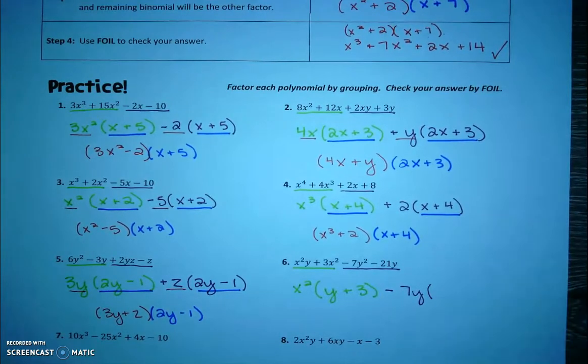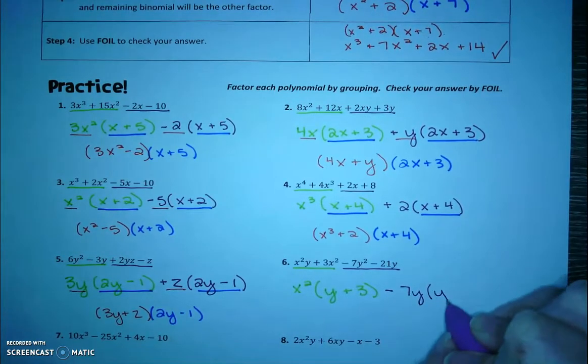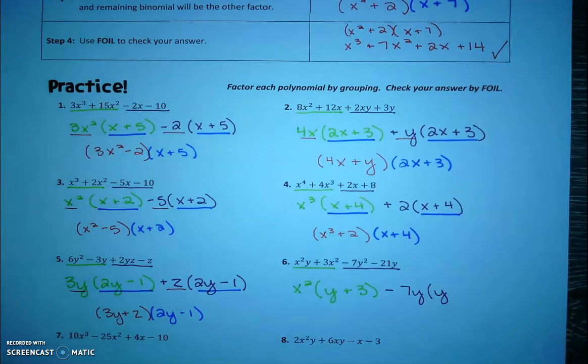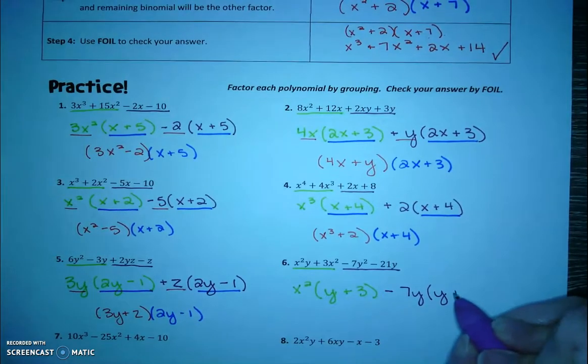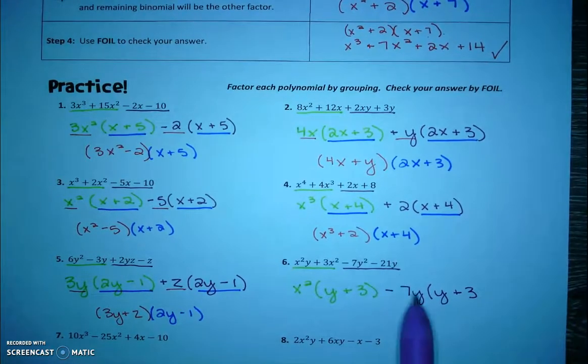When I get what's left over on the inside, negative 7 divided by negative 7 gives me positive 1. And then y squared divided by y, I'm subtracting those exponents and I get a single y, or 1y. Then on the other side, we have negative 21 divided by negative 7. That gives me positive 3, and my y's cancel each other out.